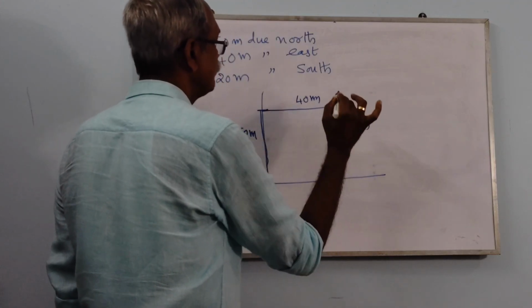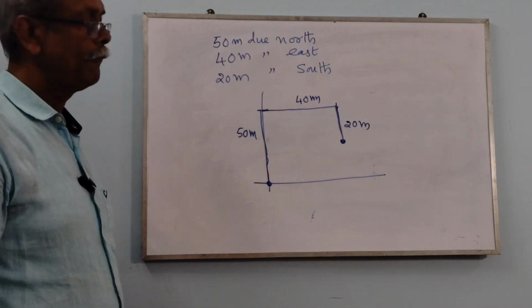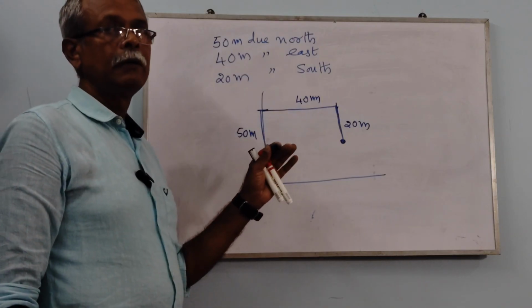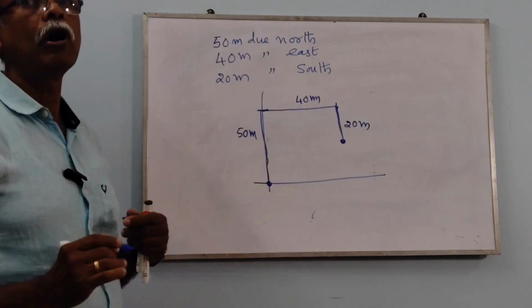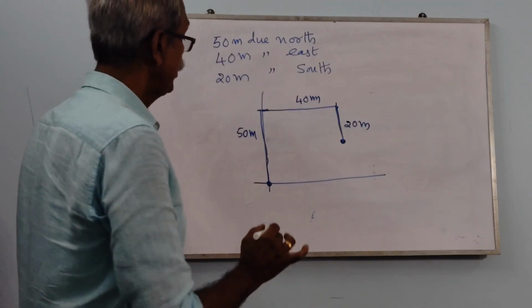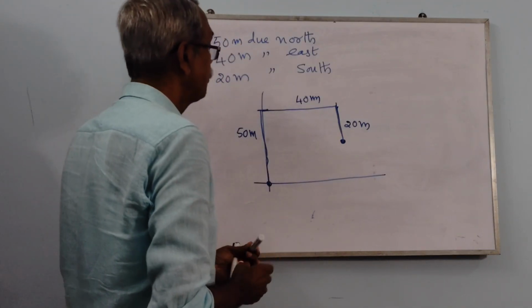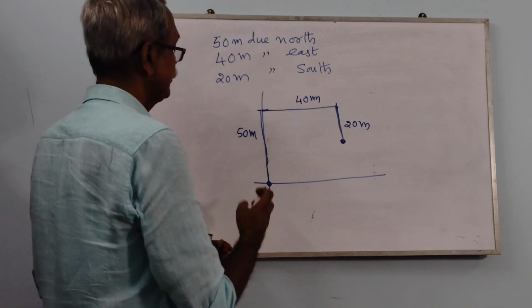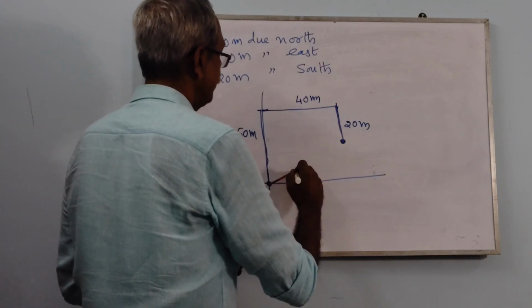So he reached here. We have to calculate the magnitude and direction of the displacement of that person. We know that this is the displacement. The particle has travelled like this and reached here.